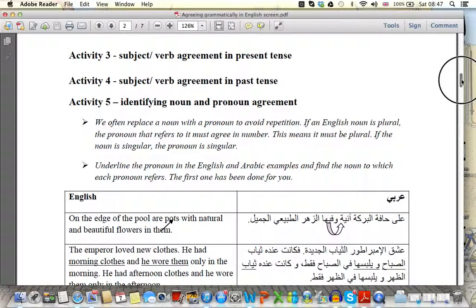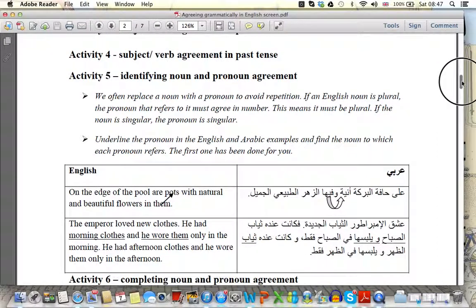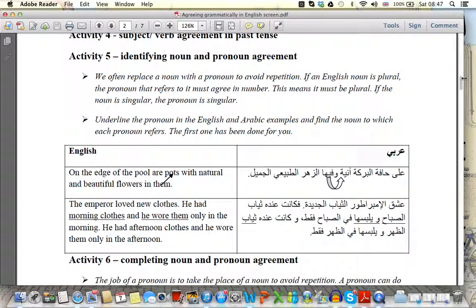Another area of agreement is noun with pronoun, and the system in English differs from that of Arabic. So for example, when we have a plural noun, as we have here in pots, when we use a pronoun to refer back to pots, the pronoun must agree with the noun. This is not like Arabic because we can see here fiha, referring to the plural noun pots, and ha is the singular pronoun.